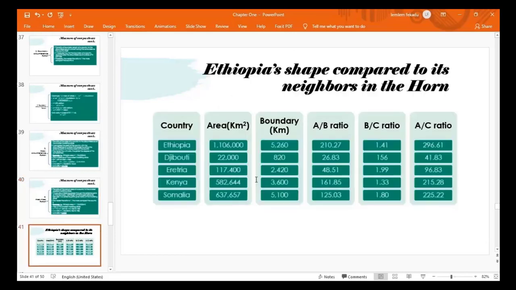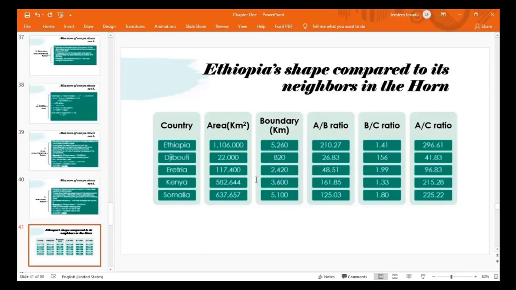Generally, for the Eastern African countries, or the Horn of Africa countries, Ethiopia, Djibouti, Eritrea, Kenya, and Somalia, the area is presented here. The boundary is also presented.